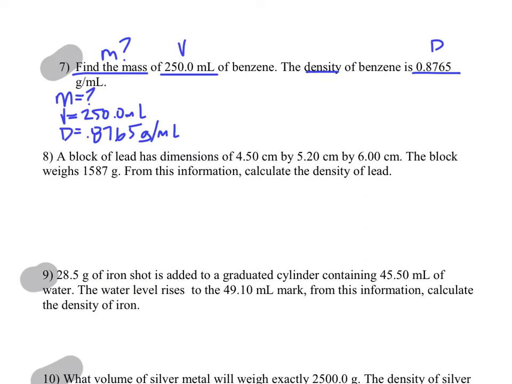All right, so your equation is density equals mass divided by volume. So now I'll plug in what I know. For density, we said the density of benzene was 0.8765. So 0.8765 equals the mass, which is what we're trying to solve for, divided by the volume, which is 250 milliliters.